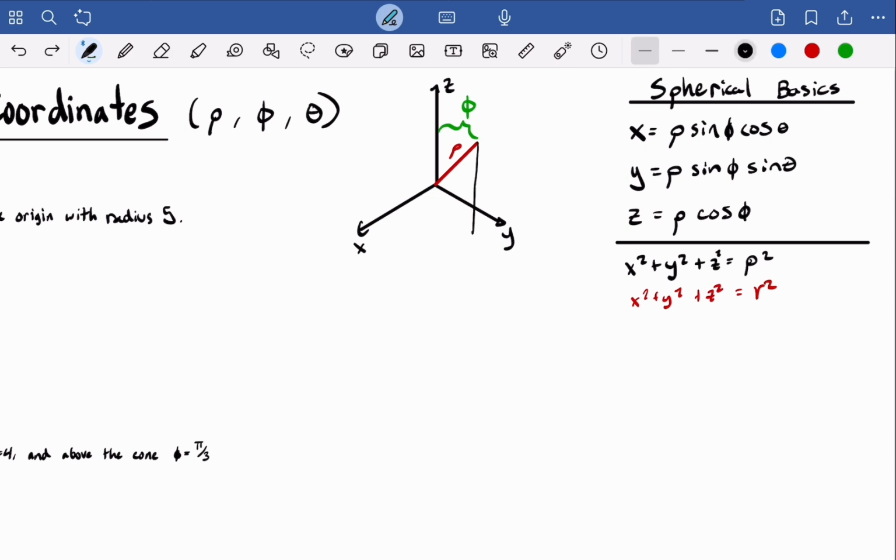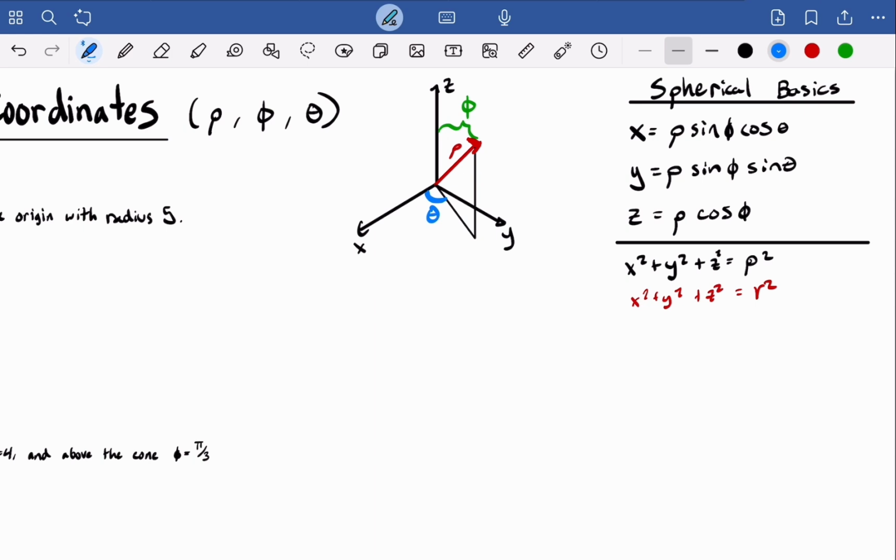So then we can also go here, because we're imagining that it is coming towards us a bit, this vector that we're looking at for rho, the length rho, and we can see that theta is going to be the distance from the z.